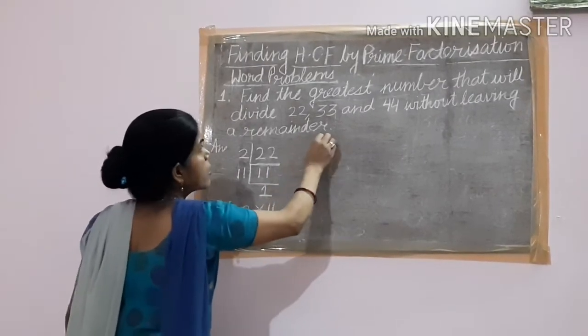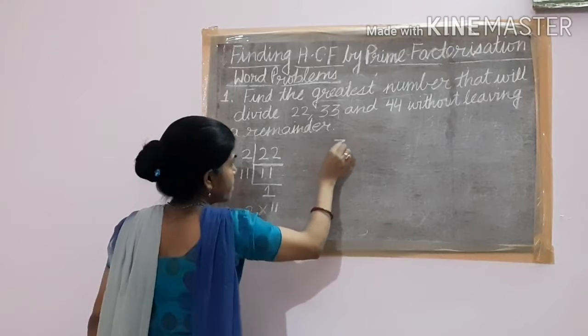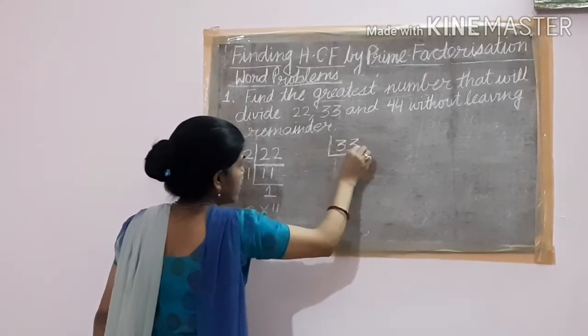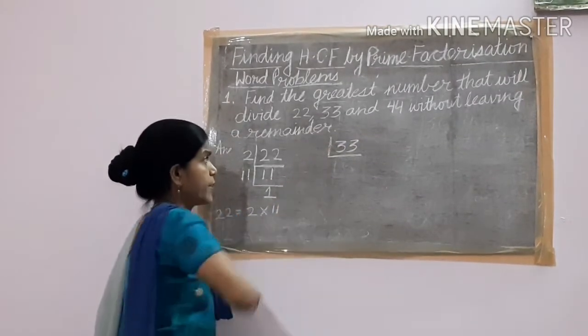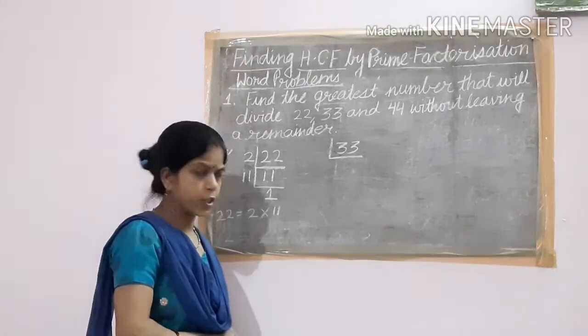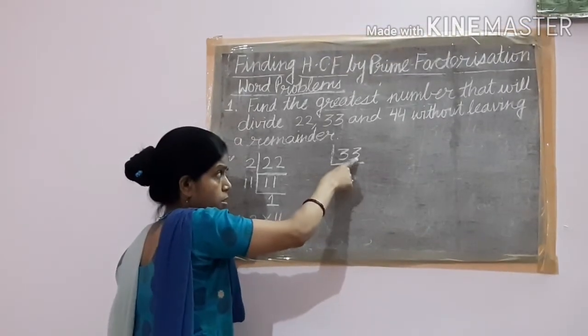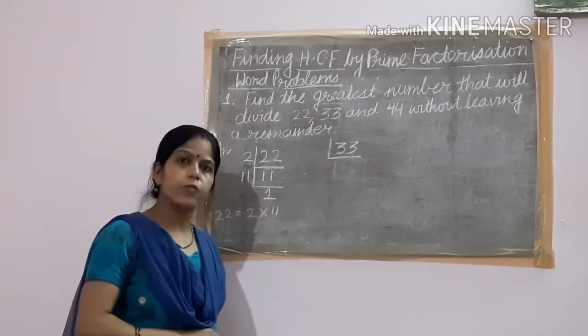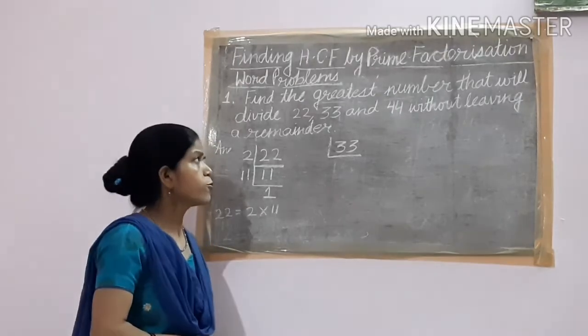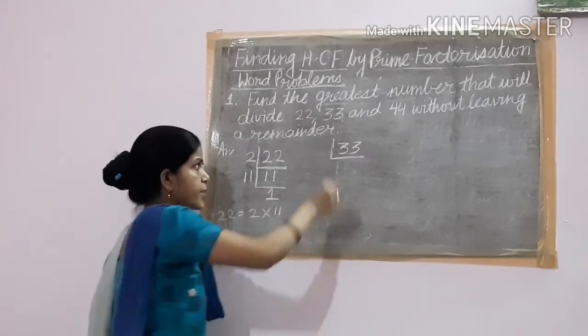Next is which number? 33. Now divide by the prime divisor, first take 2. Is it divisible? No, because 3 is in the ones place. So which number will you take to divide after 2? That is 3.